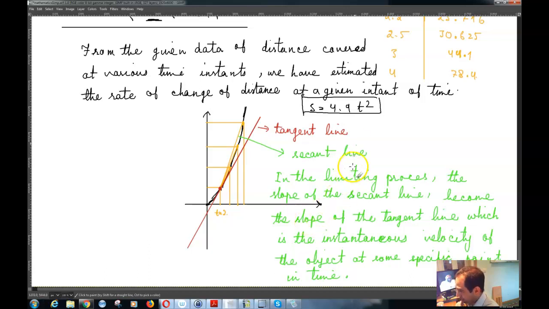So that's basically the whole story behind the derivative.